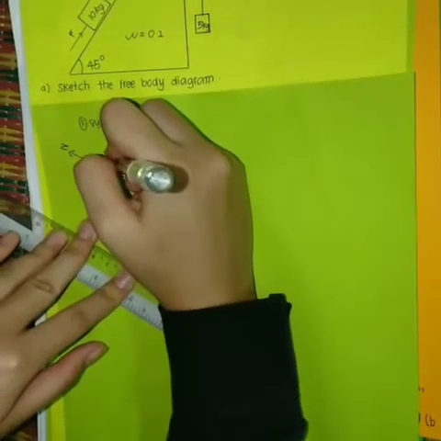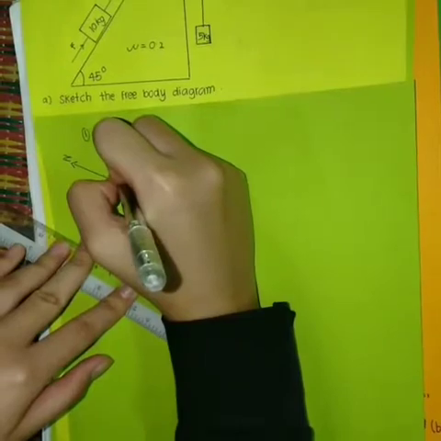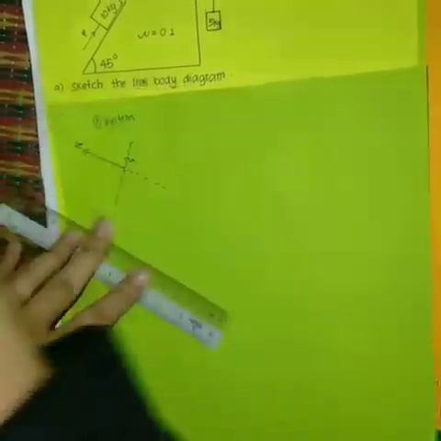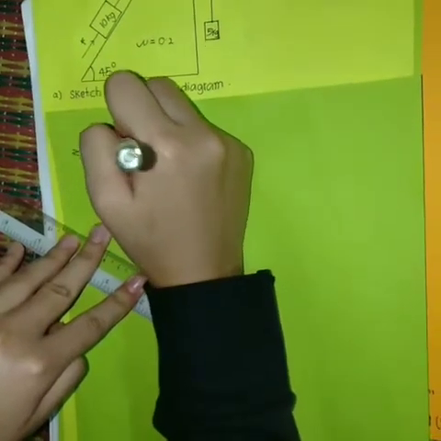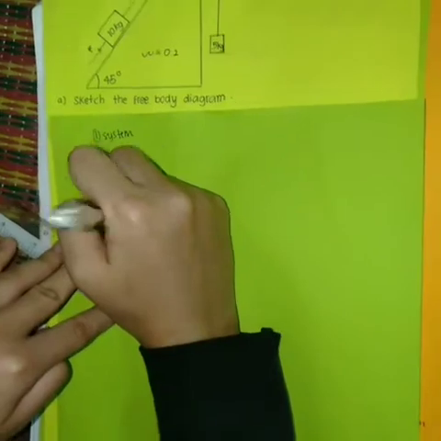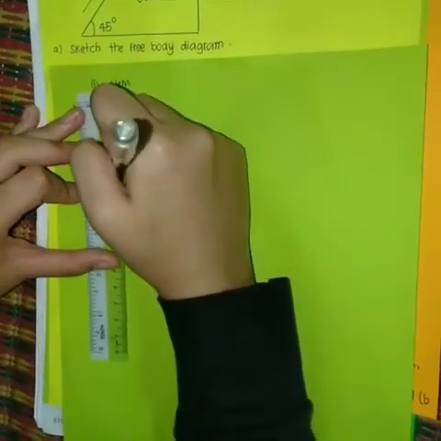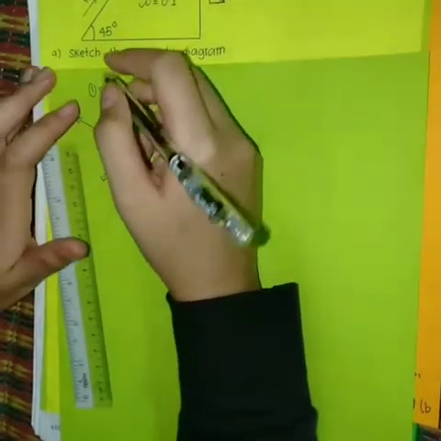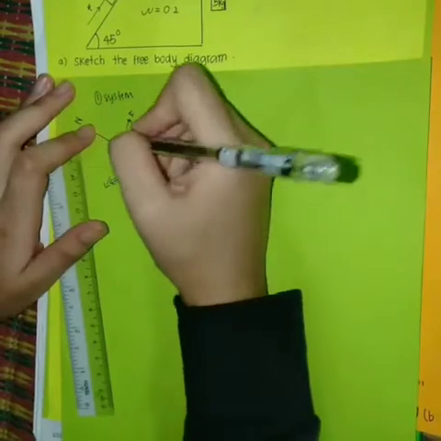This is a T. It's a for F. It's a T. So this is a W. So this is a 45 degree.